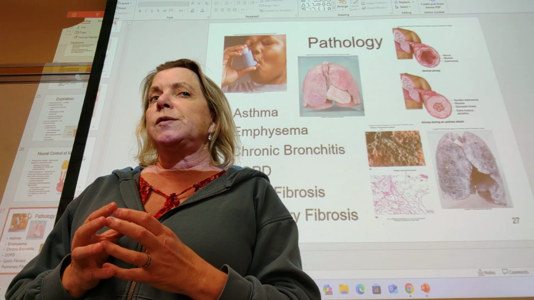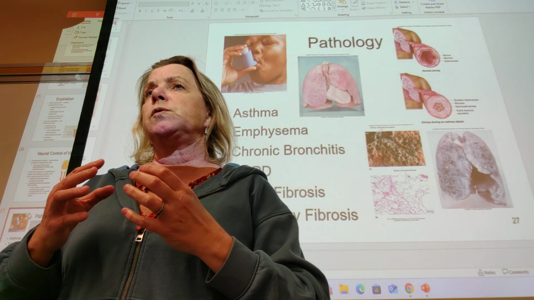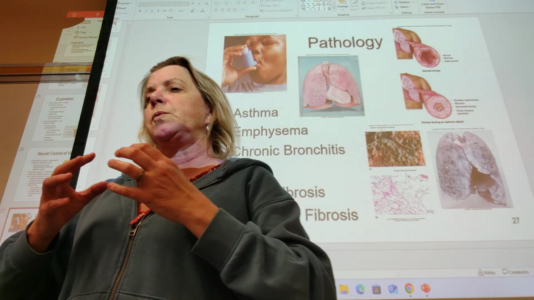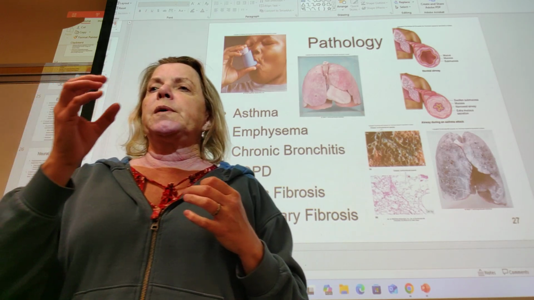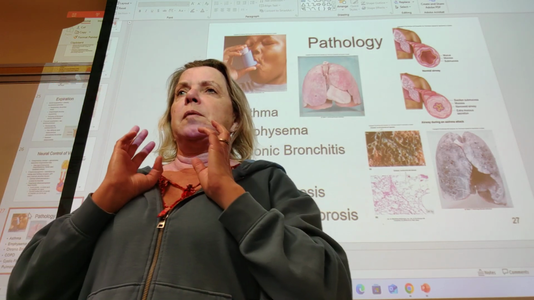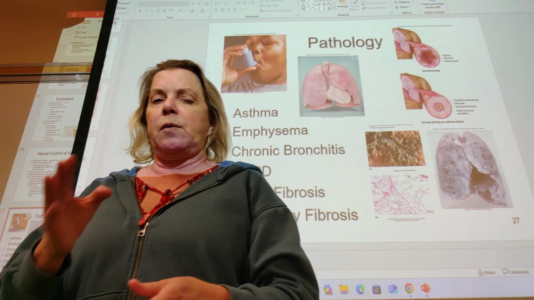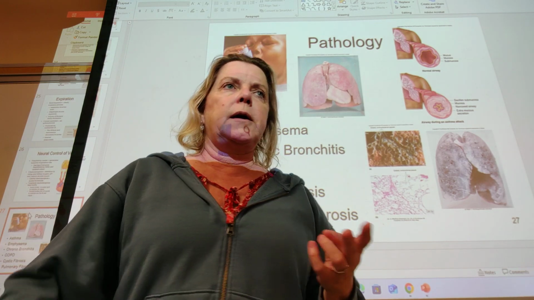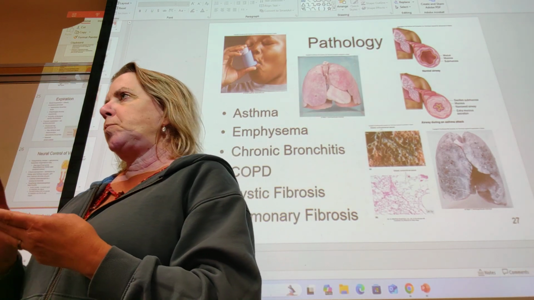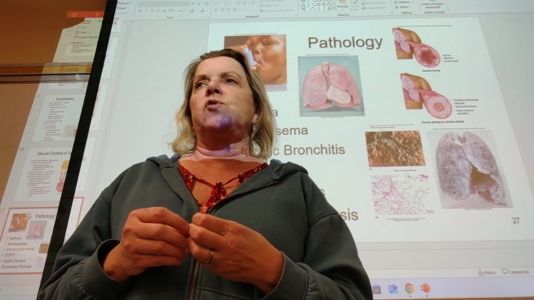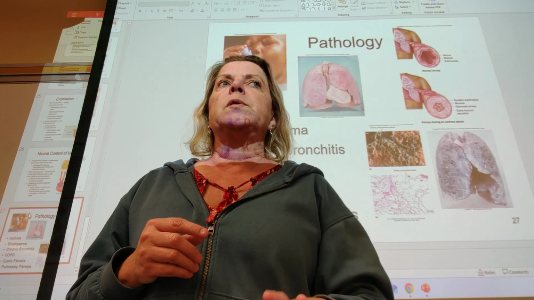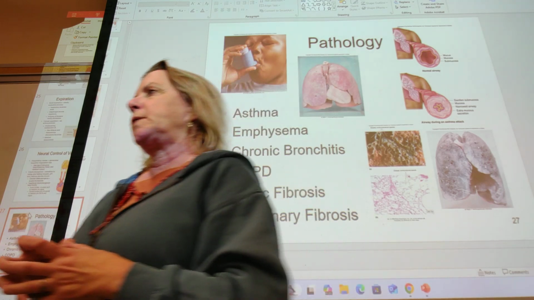Cystic fibrosis, still restrictive, difficult to expand the lungs. A person with an obstructive disease has a problem with exhale. So that would be asthma, chronic bronchitis, emphysema. Problems with exhale, and think another X, exchange. So a lot more details coming with respect to those.